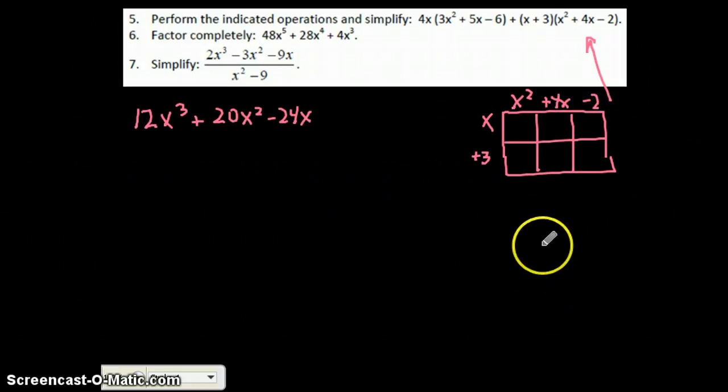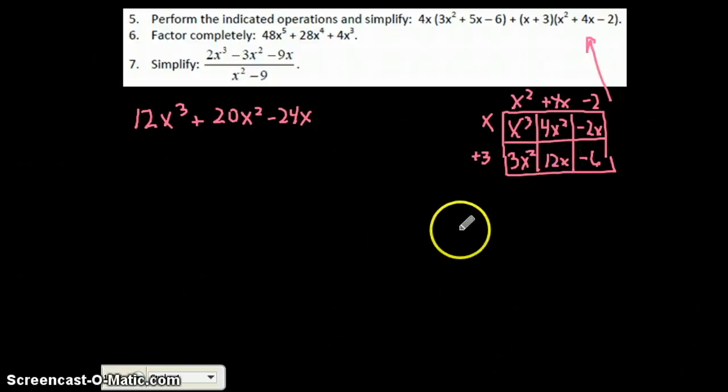All right, now let's multiply the row and the column. That's x cubed. This is 3x squared. This is 4x squared. This is negative 2x. And this is a minus 6. Oh, I forgot this one, 12x. Now put that all together.